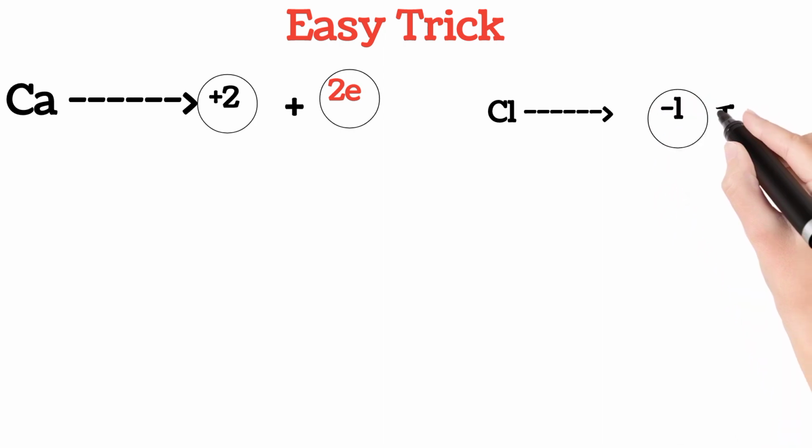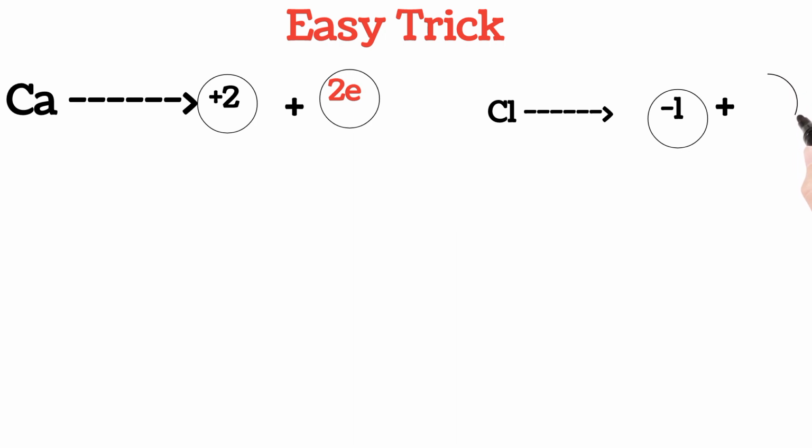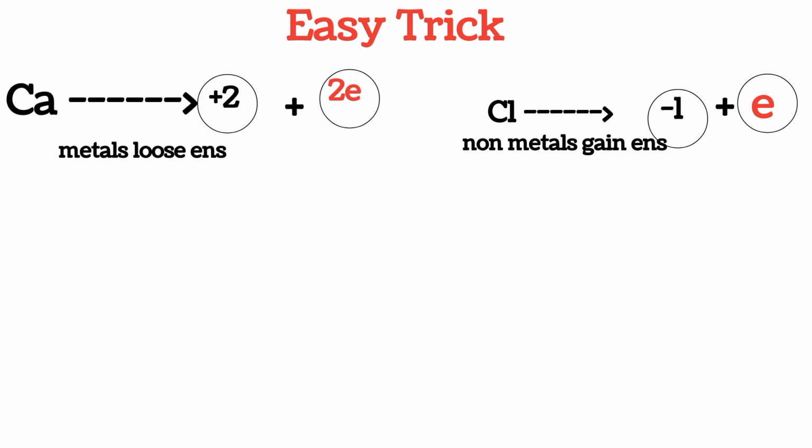Chlorine in reaction will gain an electron to become negatively charged, that is -1, by gaining 1 electron. So generally, metals lose electrons, while non-metals do what? Gain electrons because of electronegativity. Metals lose because of electropositivity.